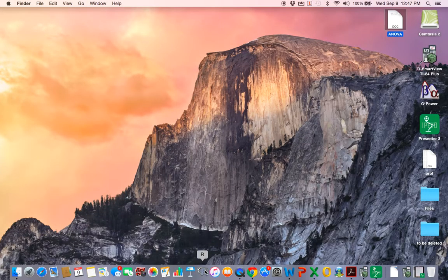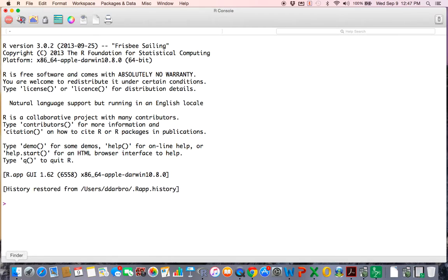All right, guys, let's open up R. First thing I want to do is set my working directory. I can get my working directory first, and I see it's set at users ddarbro. That helps me determine the form I need. I want to set my working directory as the desktop.